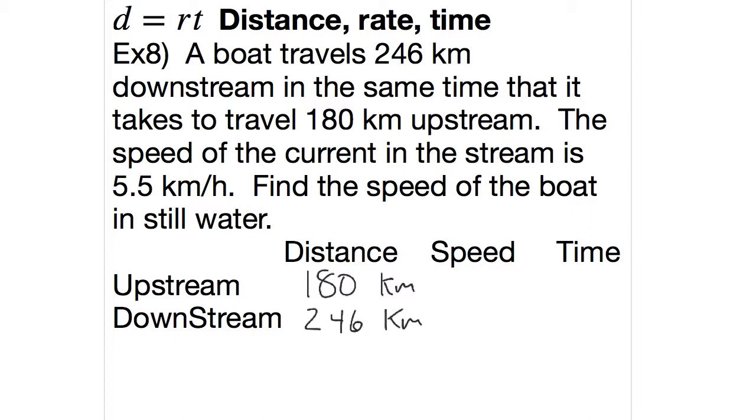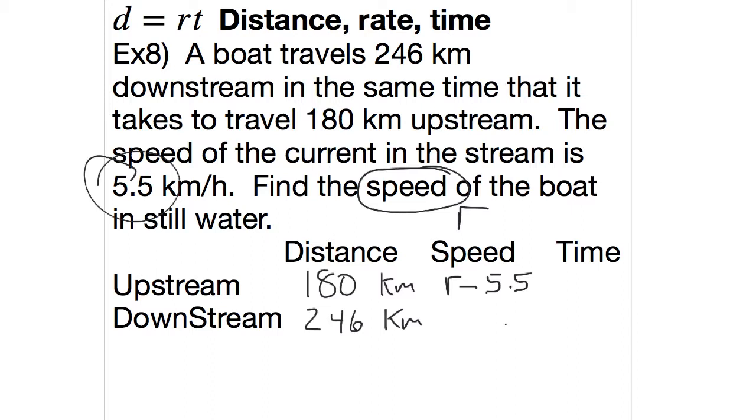Those things are known. What we don't know is the speed of the boat in still water. Like, how fast can this boat really travel? I'm going to call that r. So that means that the speed going upstream is going to be slowed down by the current. So therefore, it's going to be slowed down by the 5.5 that was mentioned.